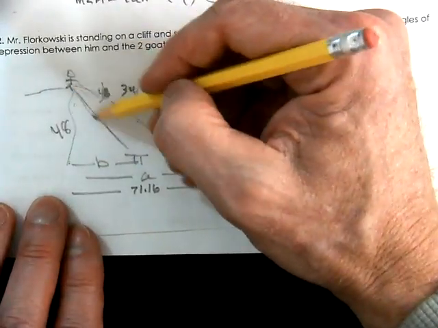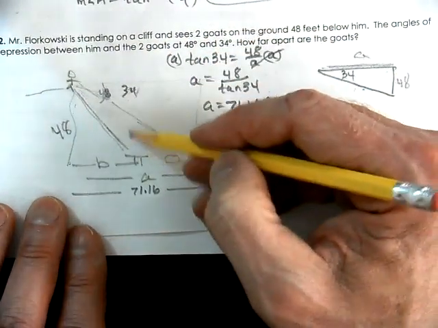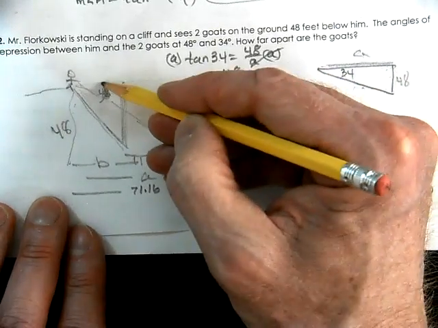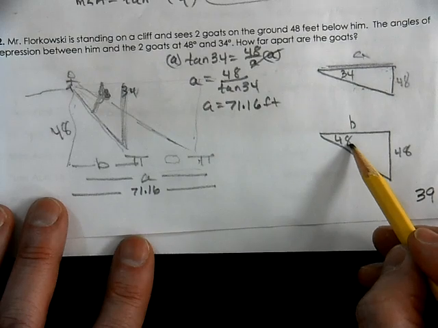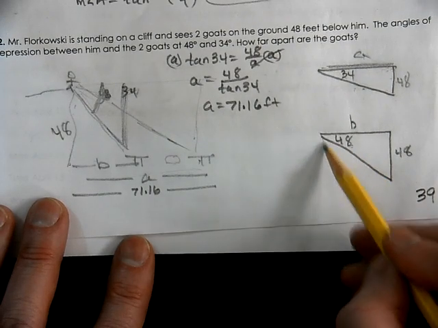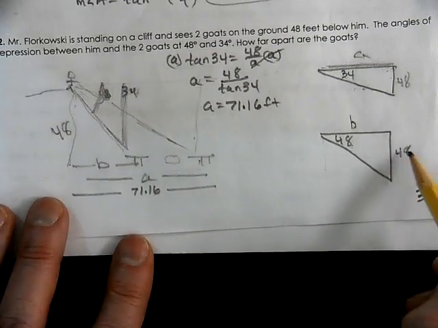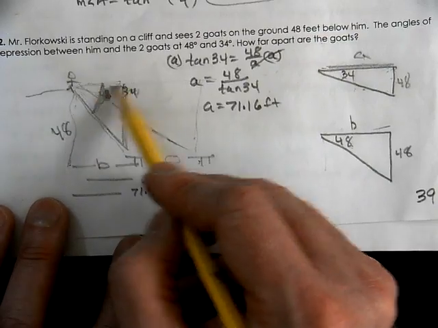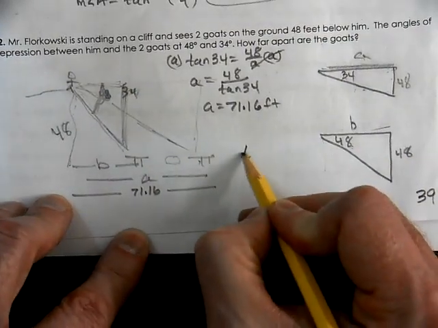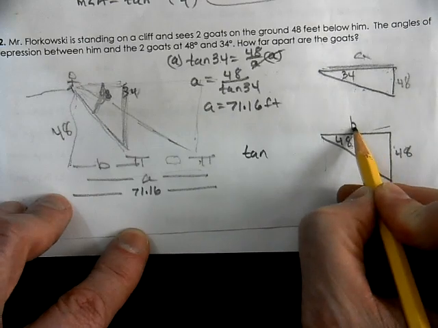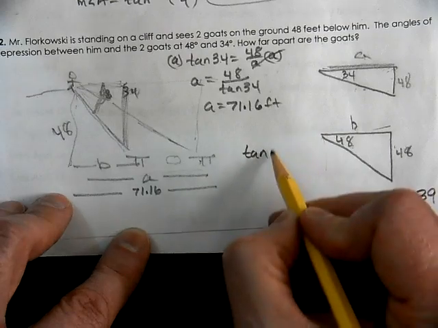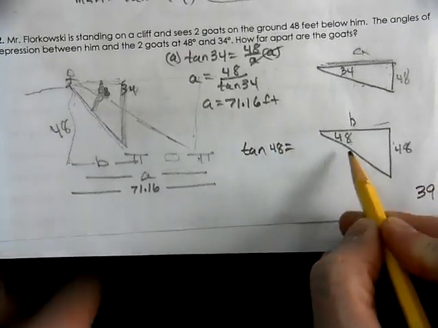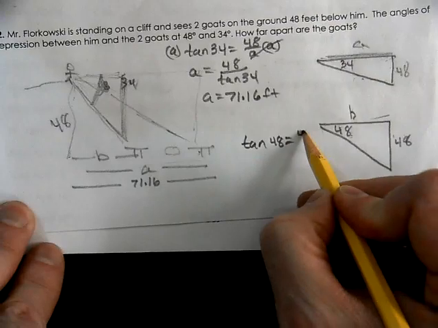Now we have this other triangle that you look down at the goat, but it has a 48-degree angle. It's still the same height above, still 48. But it's much shorter. So we're still going to use tangent because that's the opposite over adjacent. We're not using hypotenuse at all. So opposite and adjacent. Got to use 48 as the opposite.